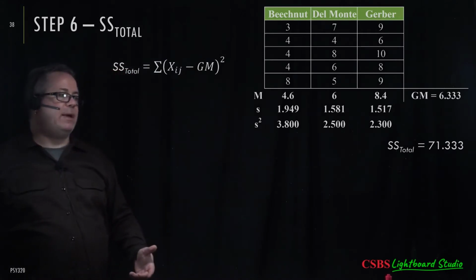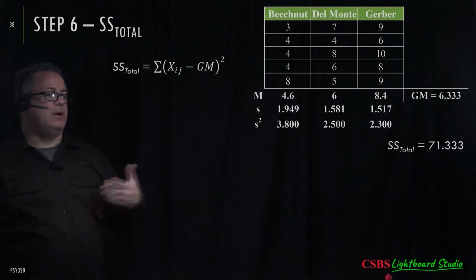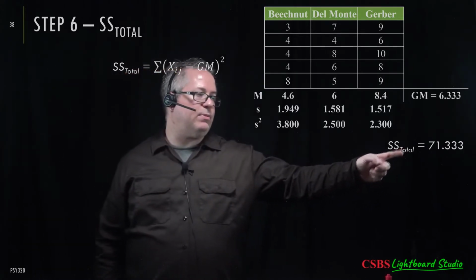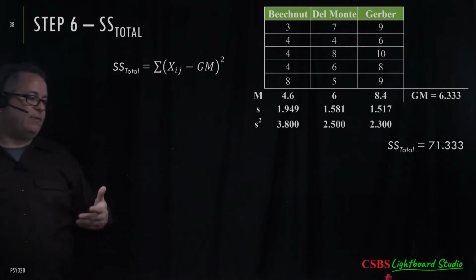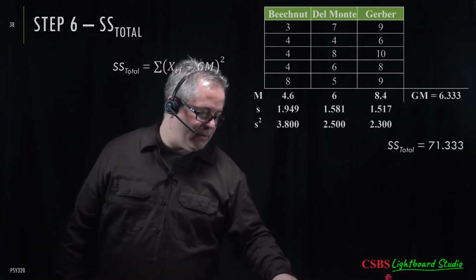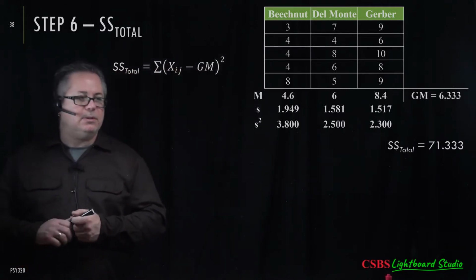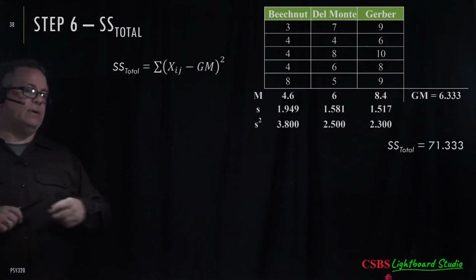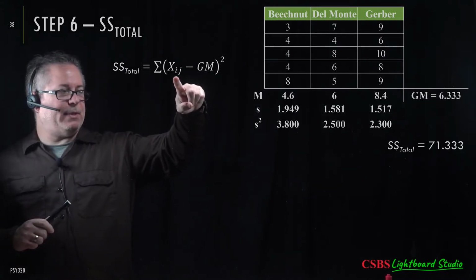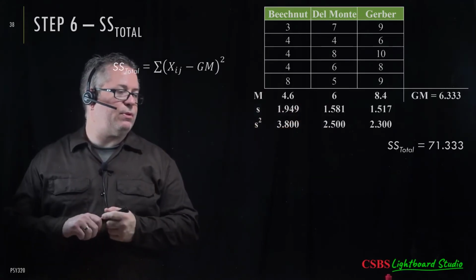So now I need to get a sum of squares total. I have that it's 71.333, but let's again figure out, we did this before, but I think it's worth doing again for the sake of completeness and thoroughness and make sure that we're all on the same page. How do I get each individual minus the grand mean? There's only one grand mean, which is 6.333.